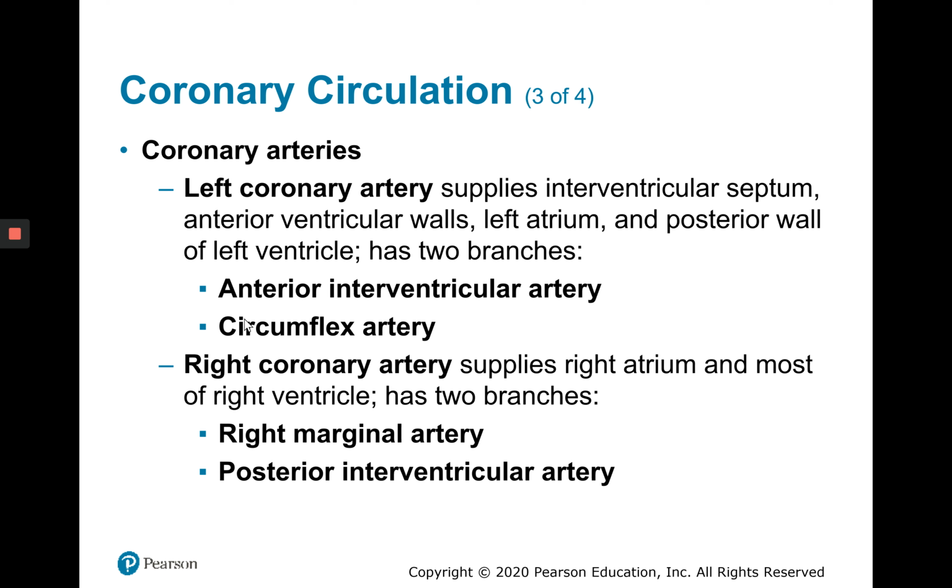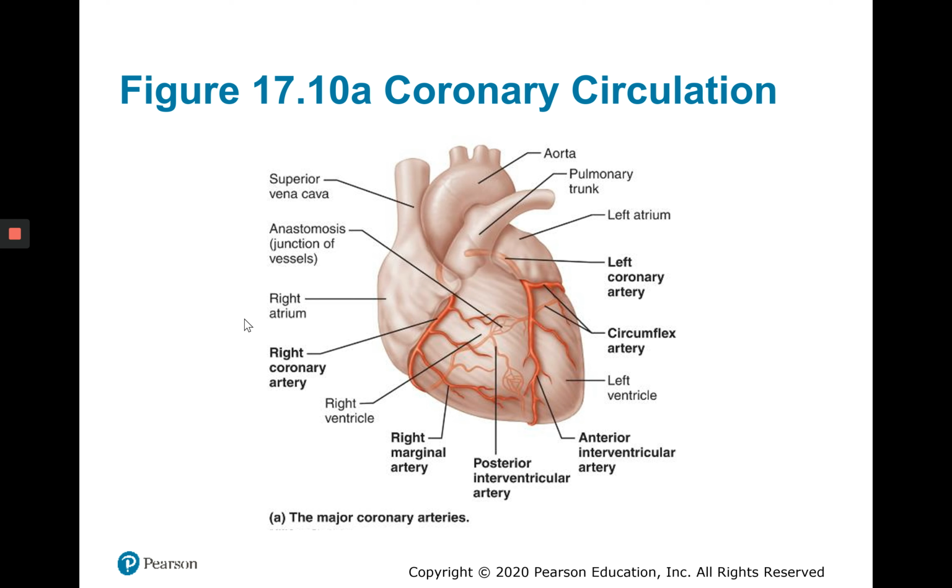If we're looking at just the left coronary artery, it's going to split into the anterior interventricular artery and the circumflex artery. Whereas the right coronary artery is going to split into the right marginal artery and the posterior interventricular artery. So let's look at that. We have the left coronary artery, which splits into the circumflex and the anterior interventricular.